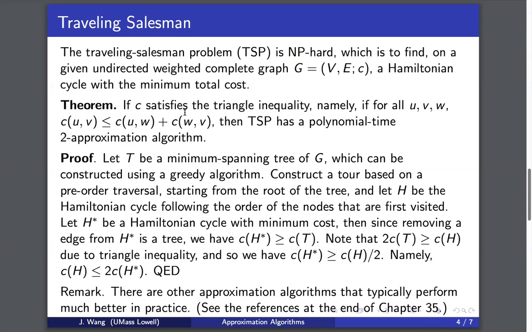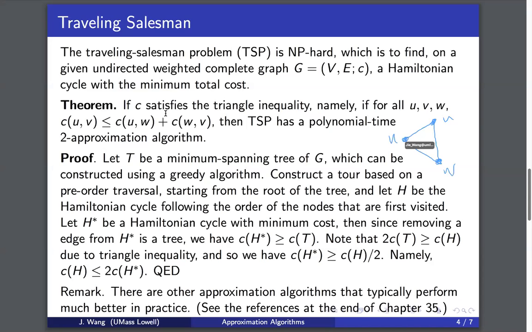And if your cost satisfies the triangle inequality, meaning, let's say I have nodes U, V, W. So I connect this triangle. This is a triangle because it's a complete graph, so any pair of nodes are connected.